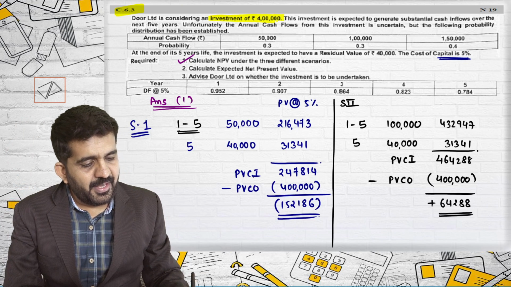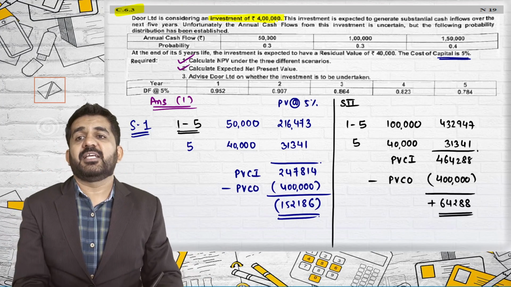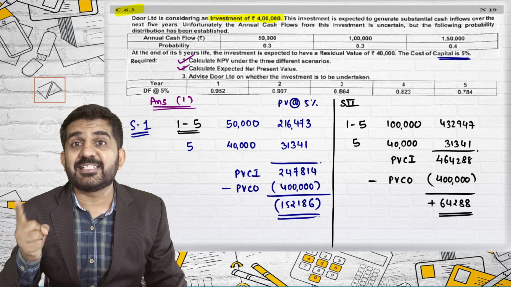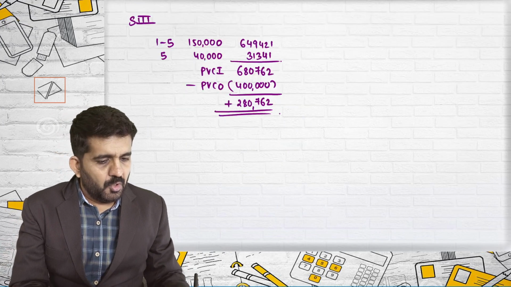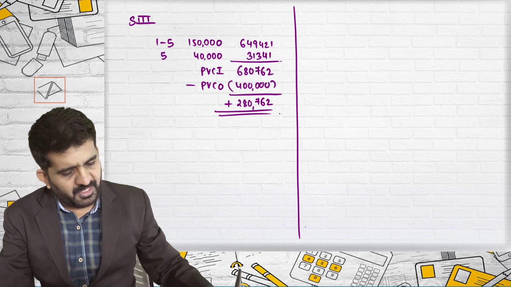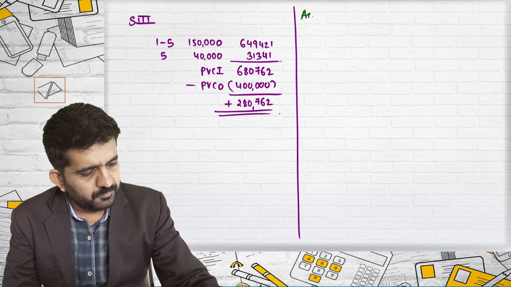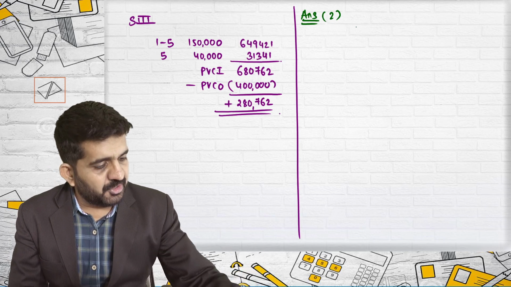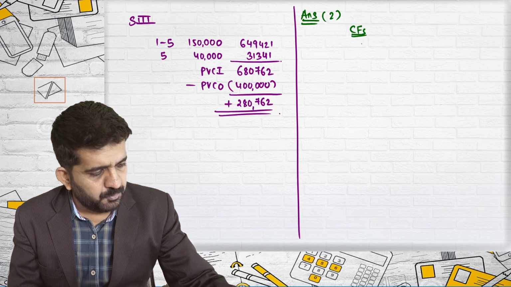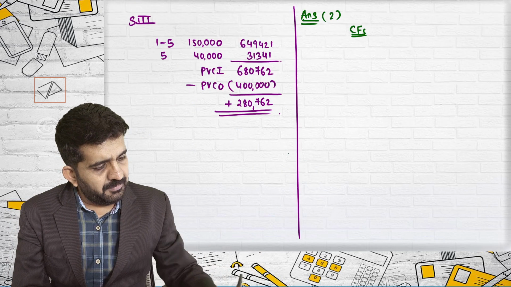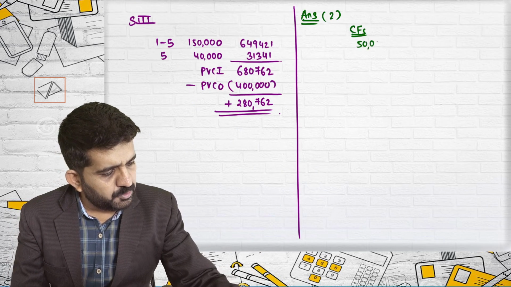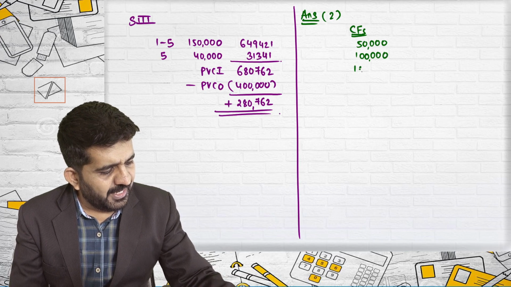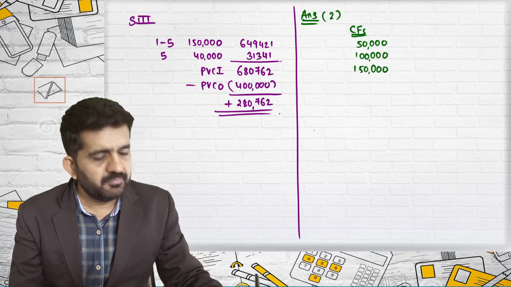Calculate expected net present value. Now this is the probability method, a statistical method. This is our answer number 2. What is the probability method? First I will find out the cash flows. What can my cash flows be? 50,000, 1 lakh or 1,50,000.